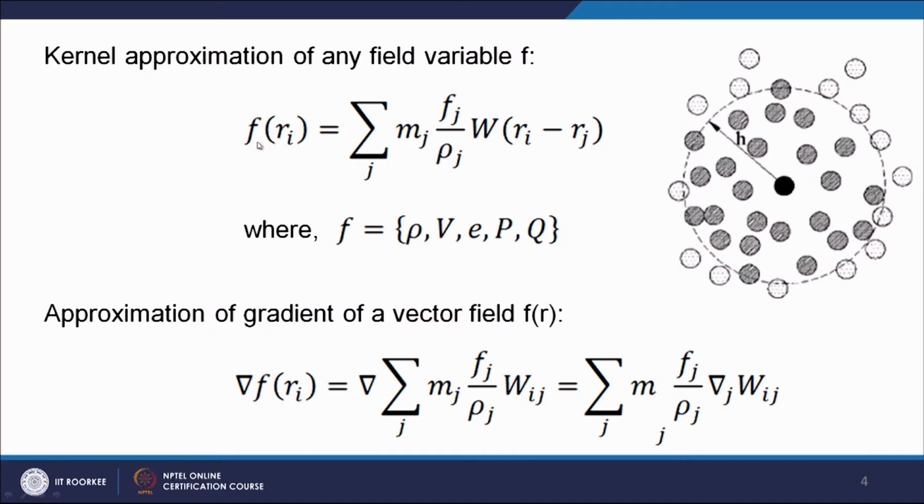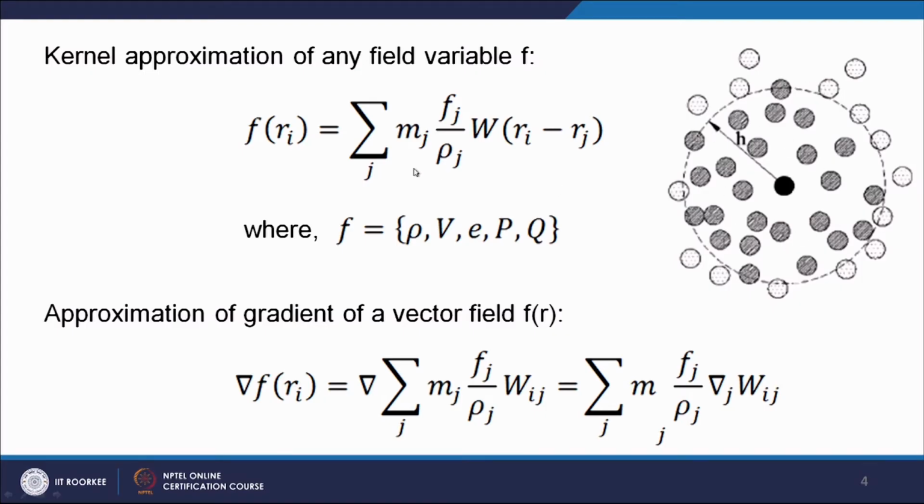So, the field at the ith position can be written as the summation over the masses of all other neighboring particles coming under the influence of this particle. All these shaded particles are denoted as the jth particle.